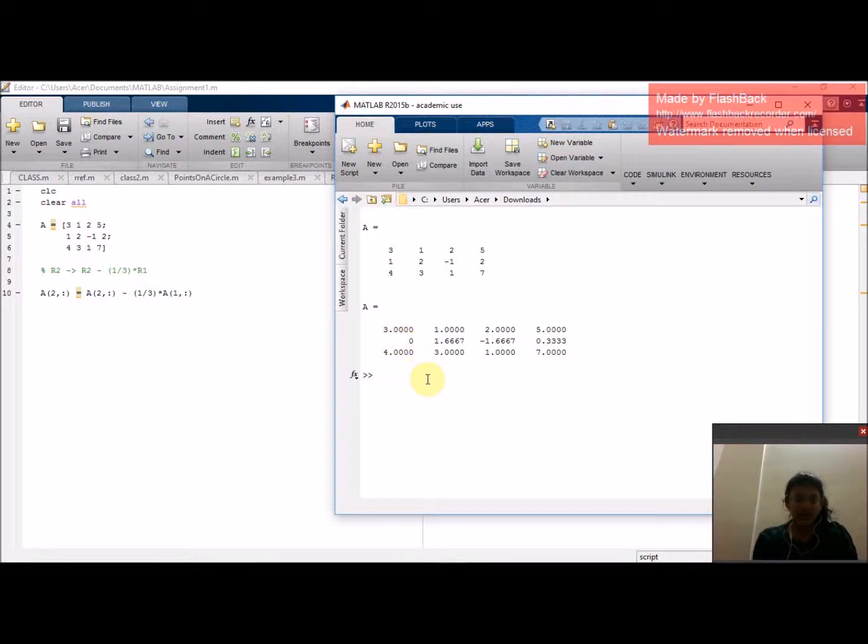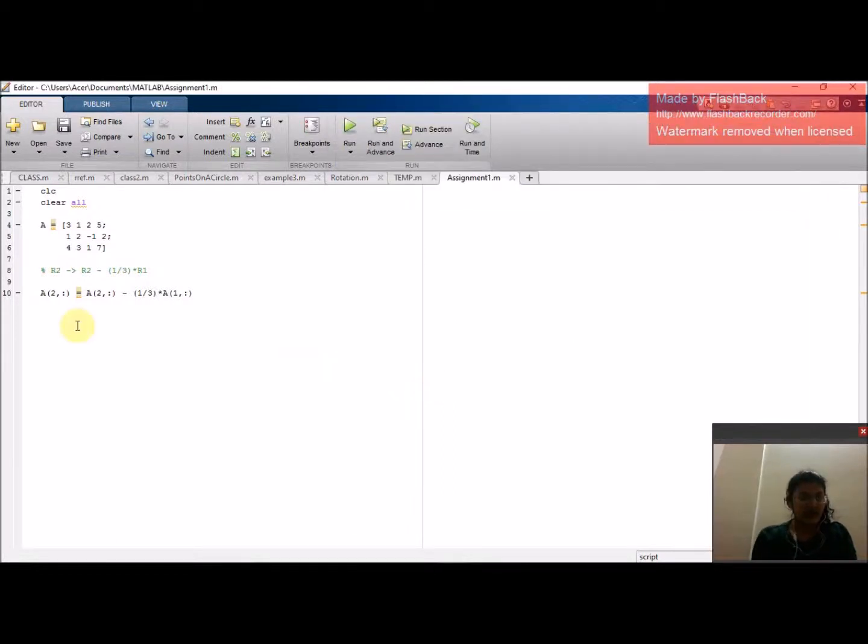Now let's convert the first element of the third row into a 0. So that'll be R3, which becomes R3 minus 4/3 of R1. So let's just copy this line so it becomes easier for us.